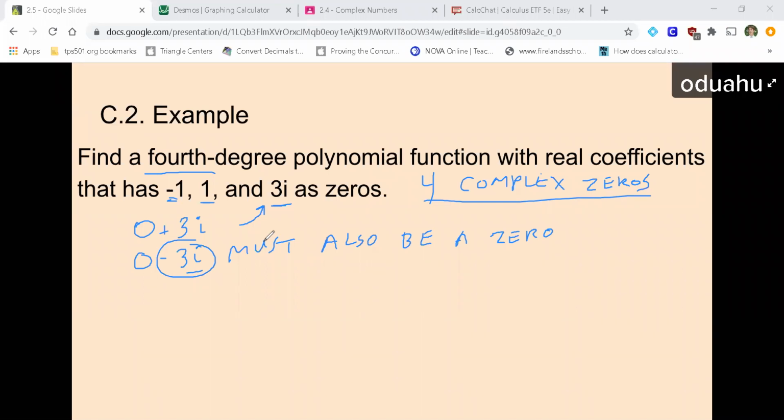So I can write my function as x plus 1, x minus 1, x minus 3i, and x plus 3i.